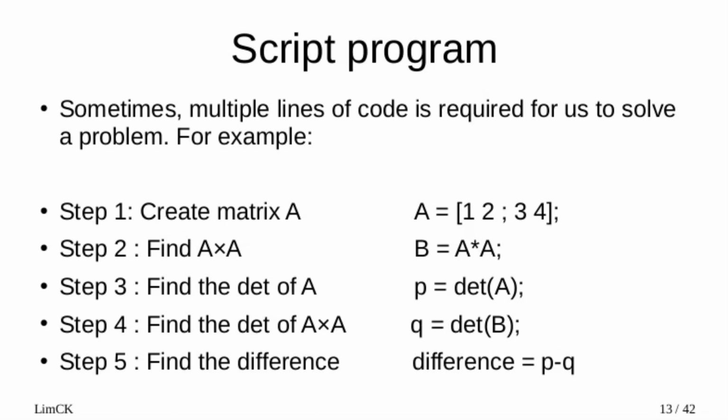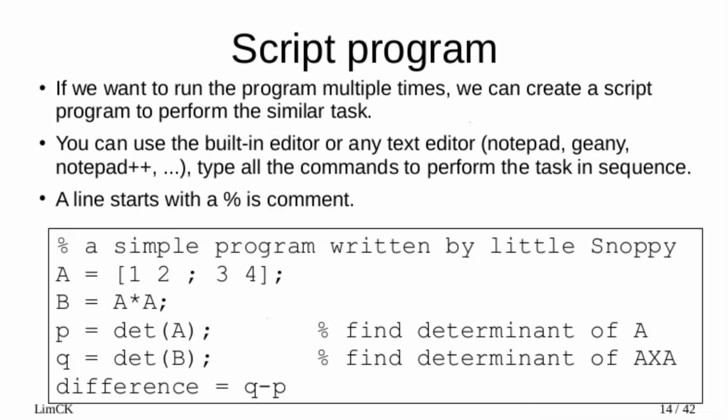Most of the time for serious work we need to do so, right? So what we need to do is only put all the commands we want. For example, these are the steps we want to do, these are commands. We just compile all the commands into a single file, save it as a single file.